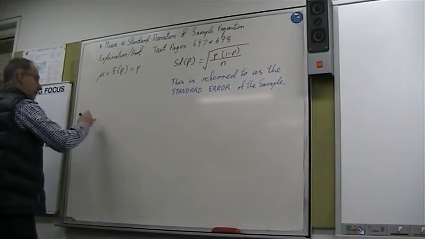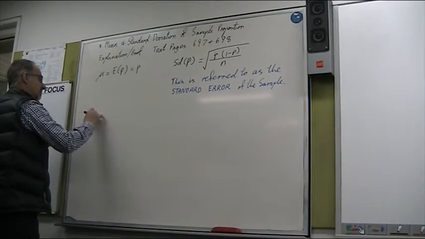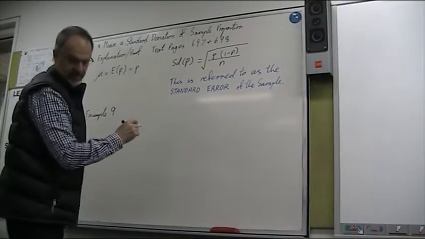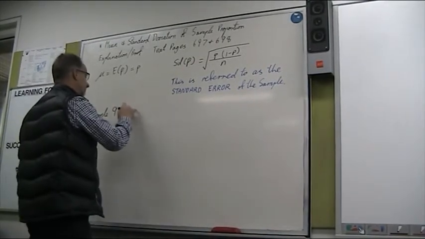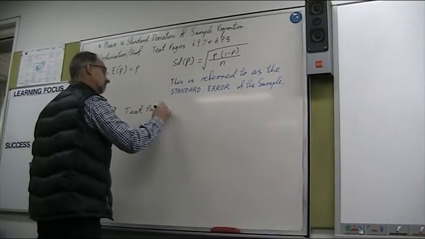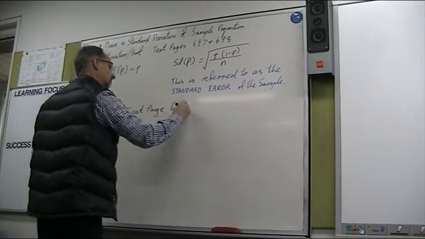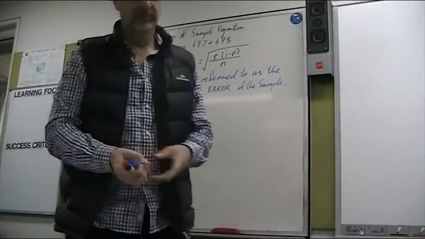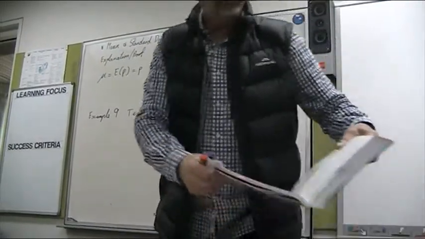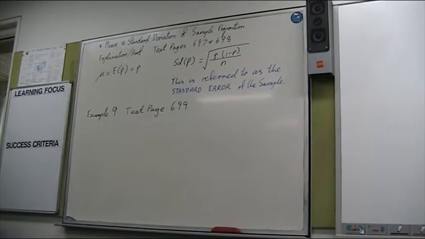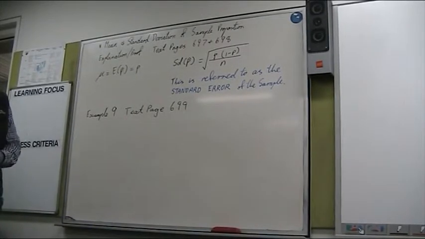So I'm going to use example number 9 in your textbook, page 699. It says, suppose that 70% of 17-year-olds in Australia attend school.